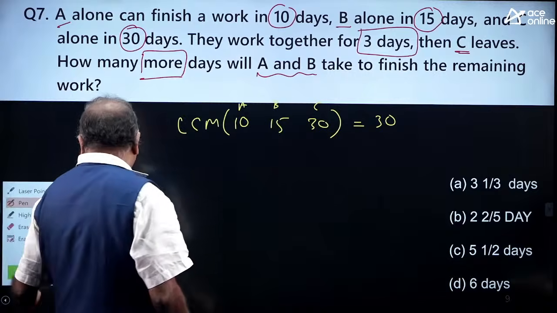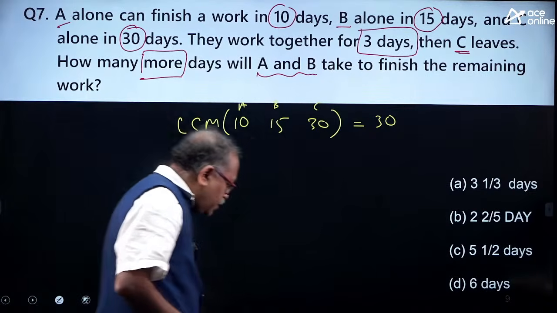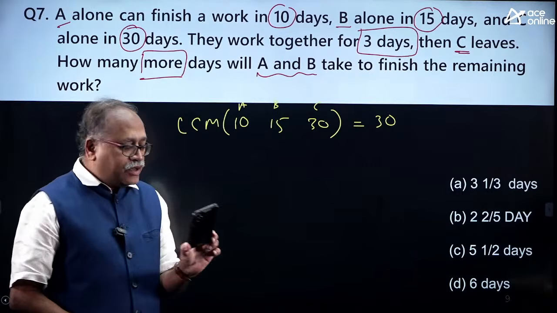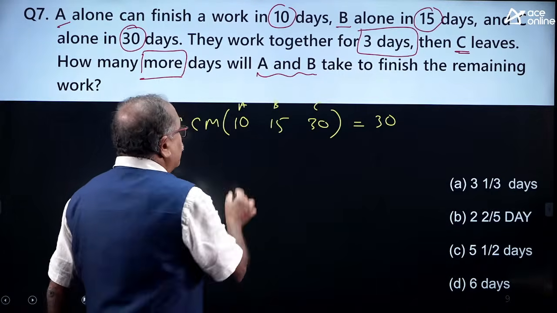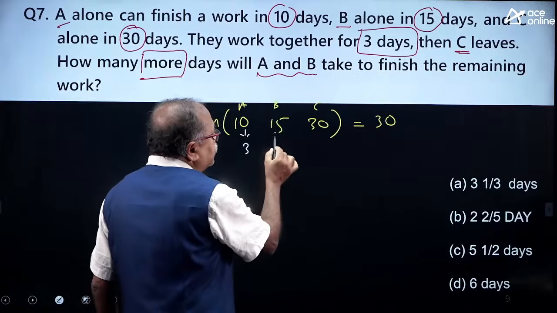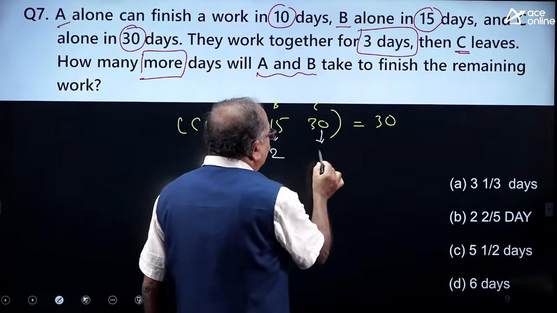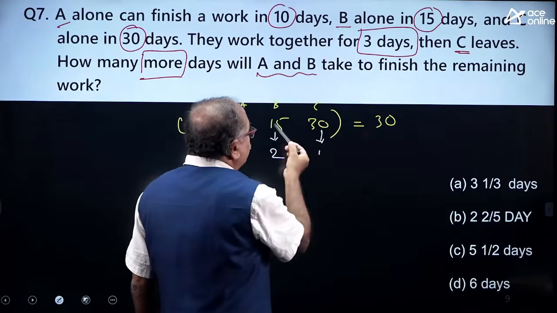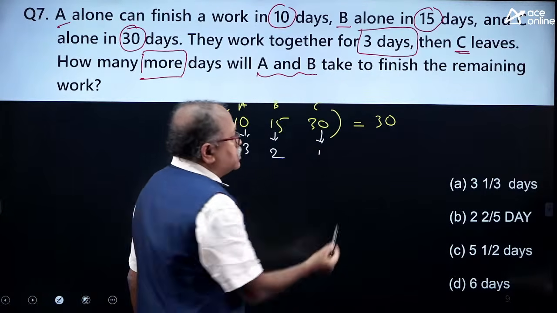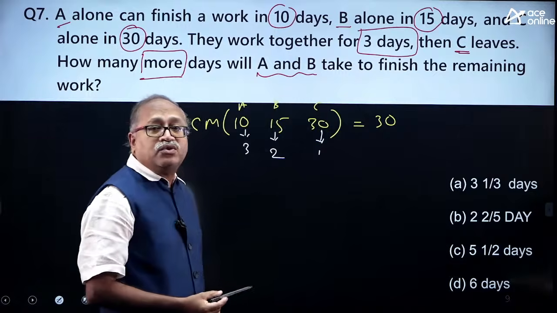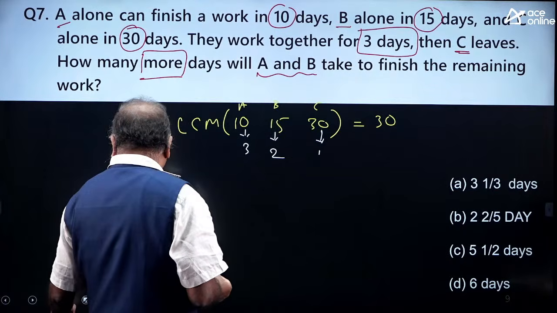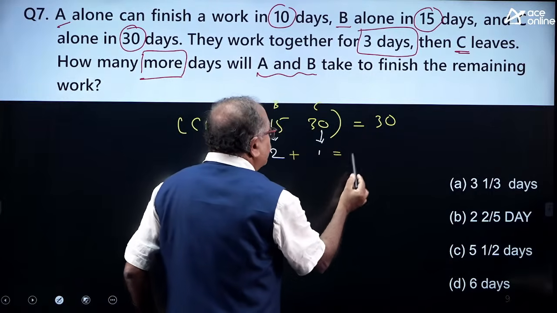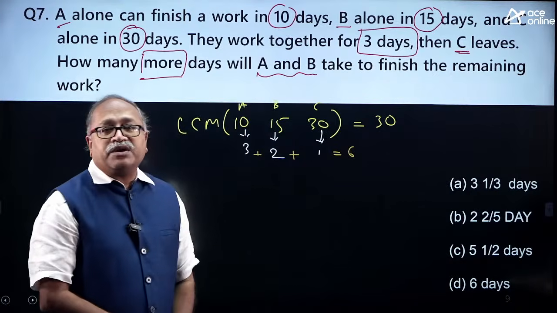Now 30 divided by 10, so per day 3 units; 30 divided by 15, per day 2 units; 30 divided by 30, per day 1 unit. So if all work together, 6 units will be completed per day.